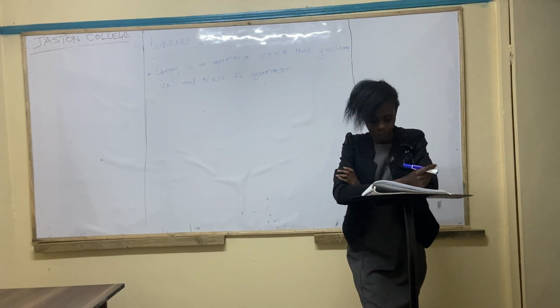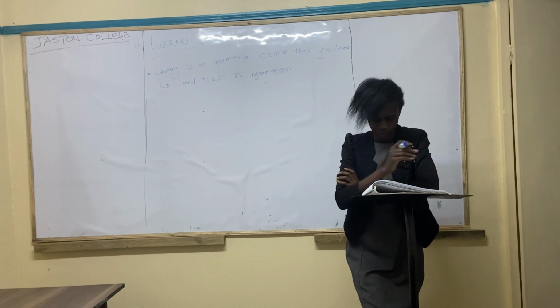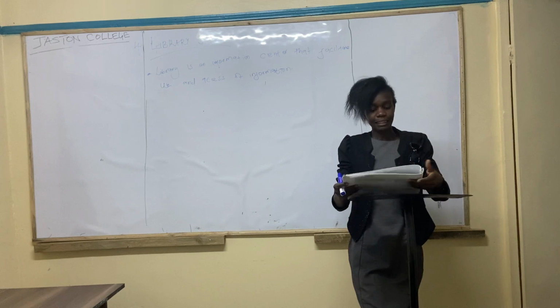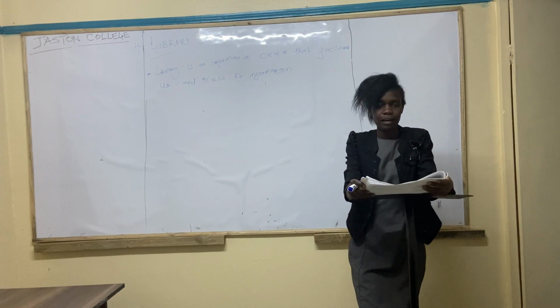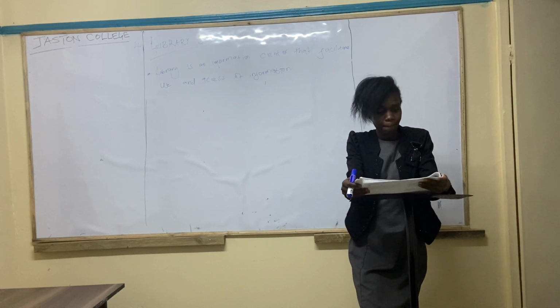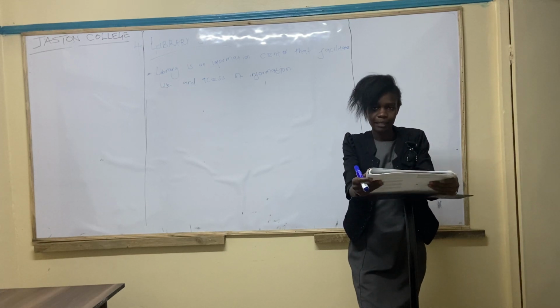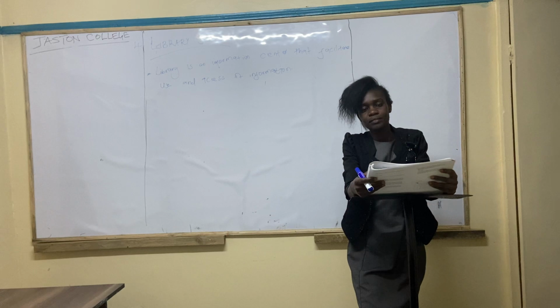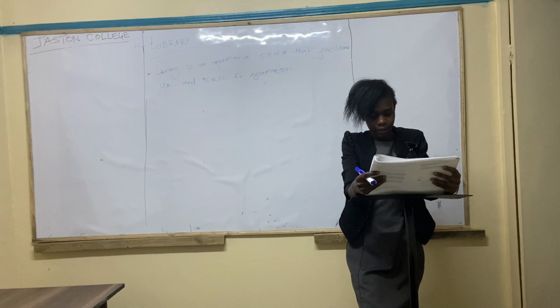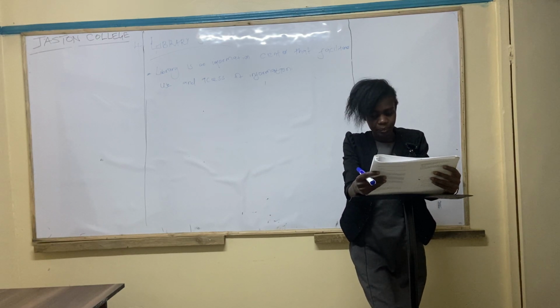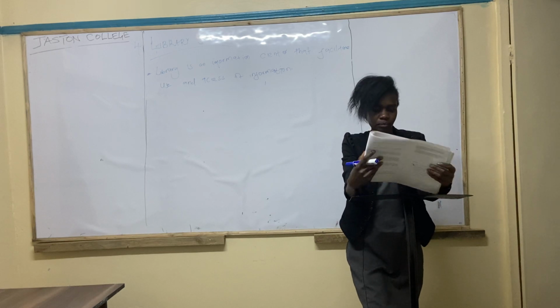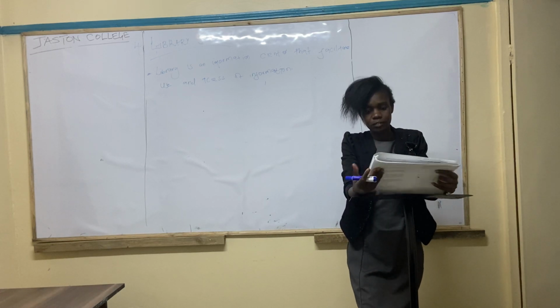It has useful resources as required by the user. The library gives a smooth atmosphere for study, and a library gives access to different activities of learning. So those are roles of library.